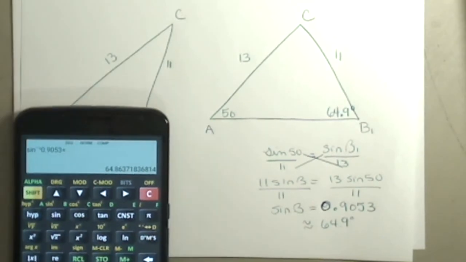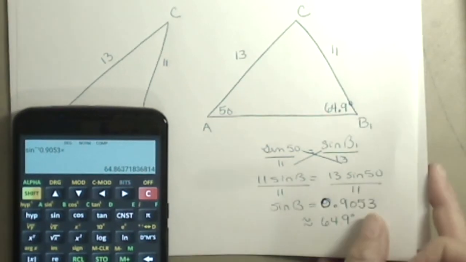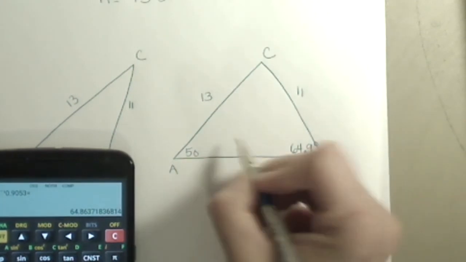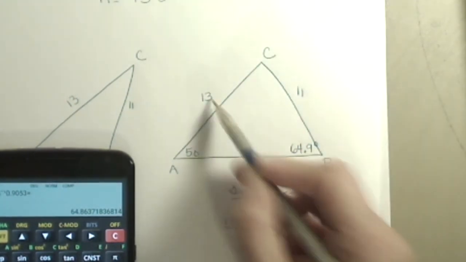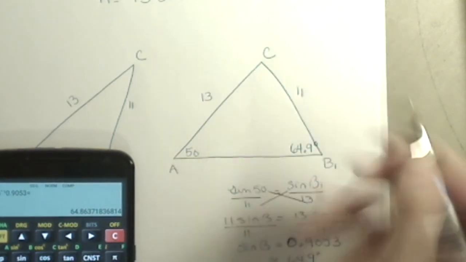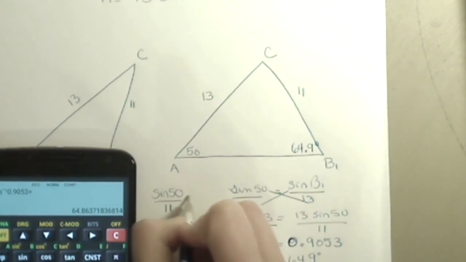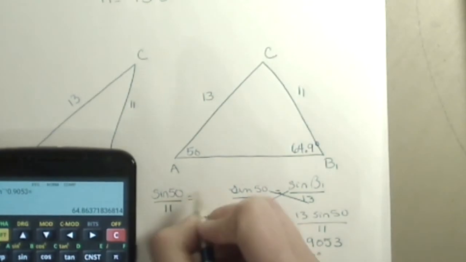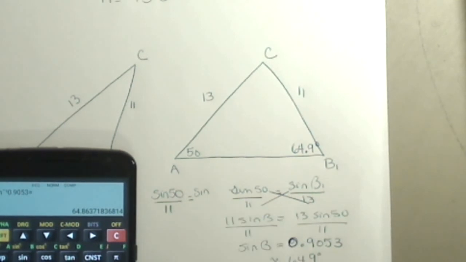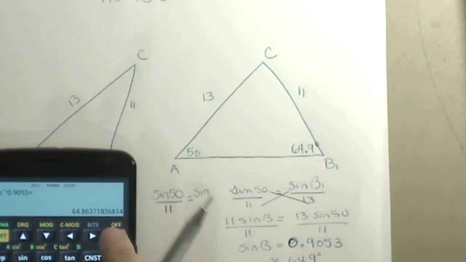I could finish solving out this triangle with another law of sines to get the bottom side. So I'll do another law of sines with this. So I'm going to say sine 50 over 11 equals sine of, oh, I need angle C to do this. Well, I'll just take 180 and subtract these two angles.